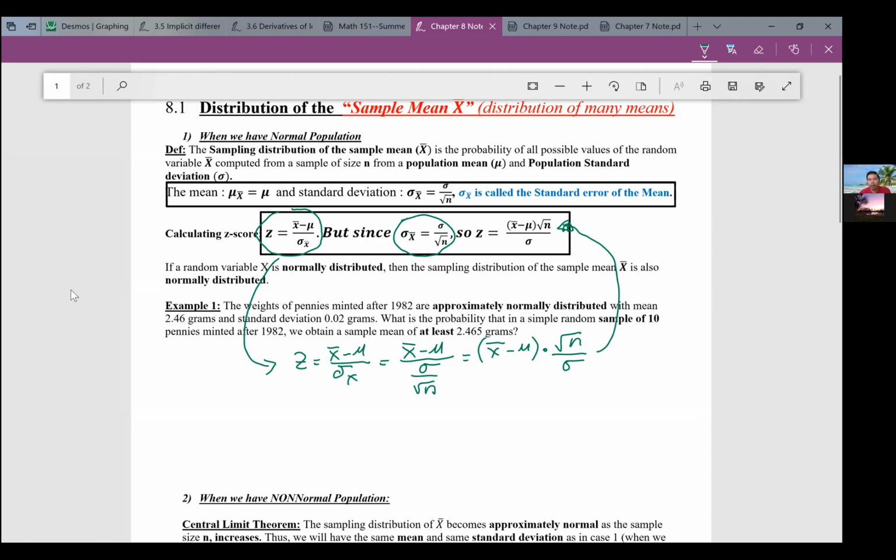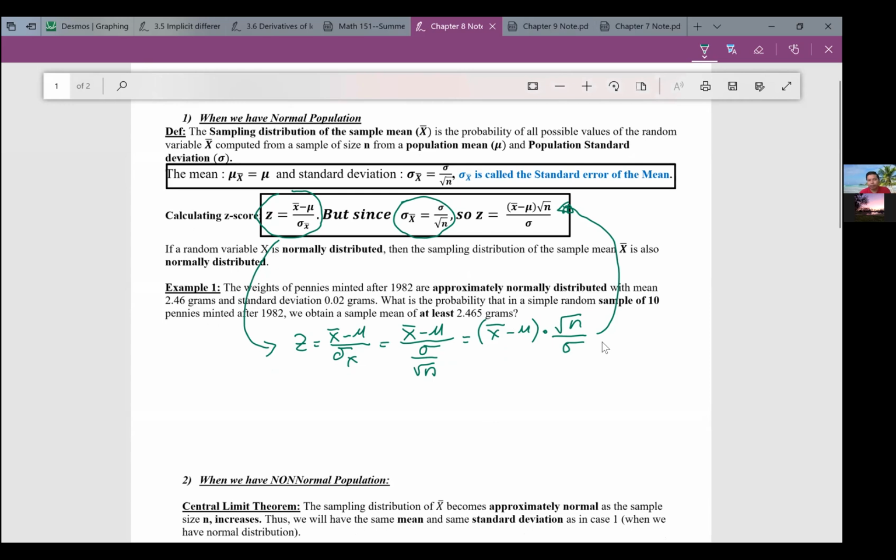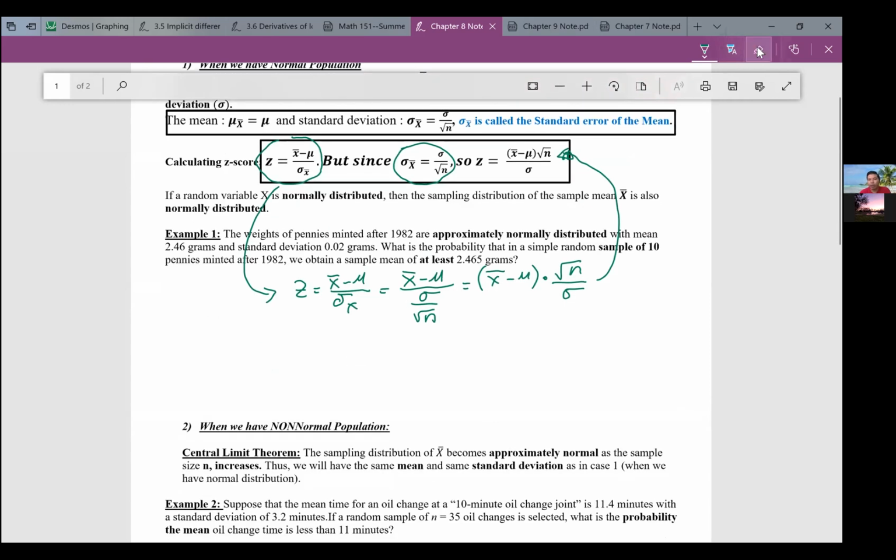All right, so here we go. Example 1. I'm going to erase this, since I've already explained where that formula came from. The weight of pennies minted after 1982 are approximately normally distributed with a mean of 2.46 grams.